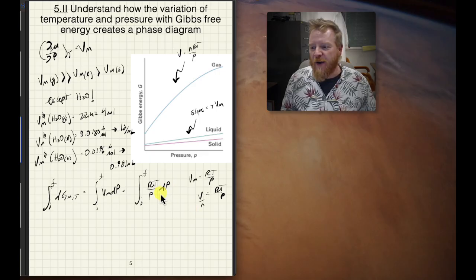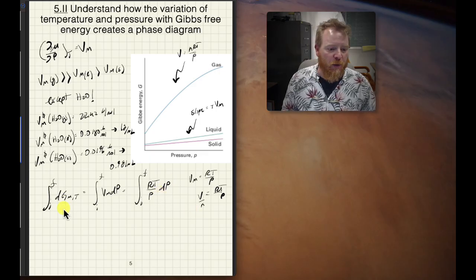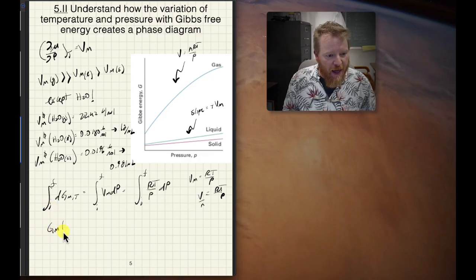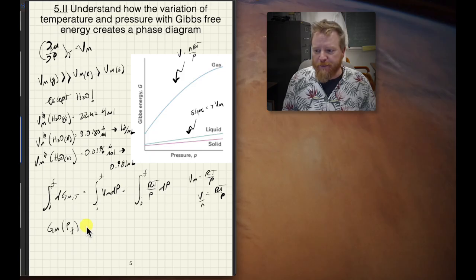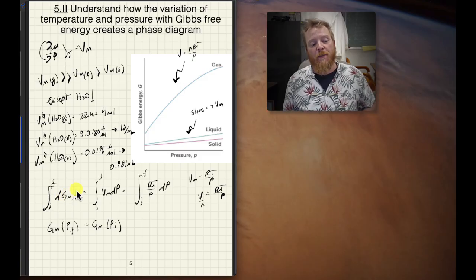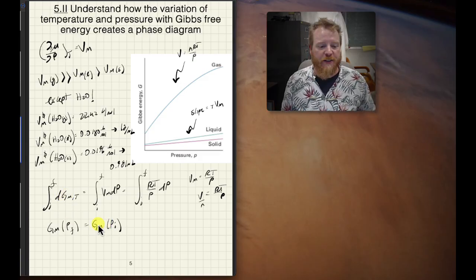So now if I integrate this expression, I'm going to end up with the following. Integrating the dG, that's going to be Gm at some final pressure equals Gm at some initial pressure. So we know this will be final minus initial, so then I just add it over to the other side.